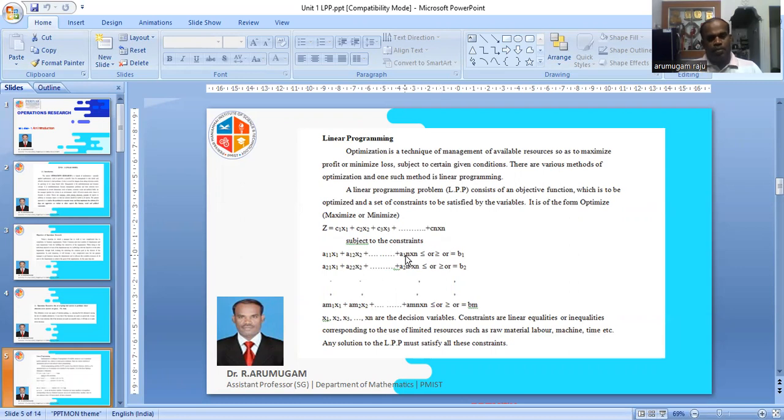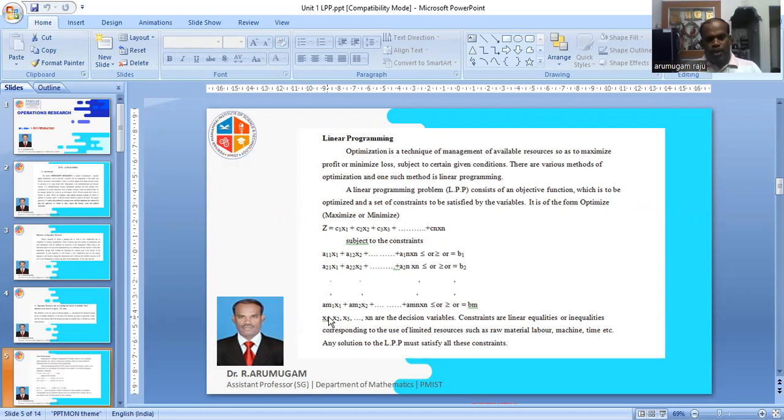plus cnxn. Constraints means here we have m number of constraints like a11x1 plus a12x2 plus etc. plus a1nxn, less than or equal to, or greater than or equal to, or equal to some b1. In a similar way, we can represent the second constraint: a21x1 plus a22x2 plus a23x3 plus etc. plus a2nxn, less than or equal to or greater than or equal to some b2.